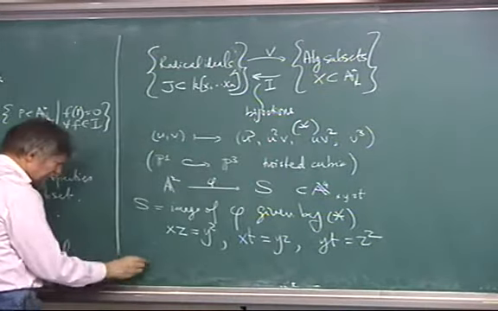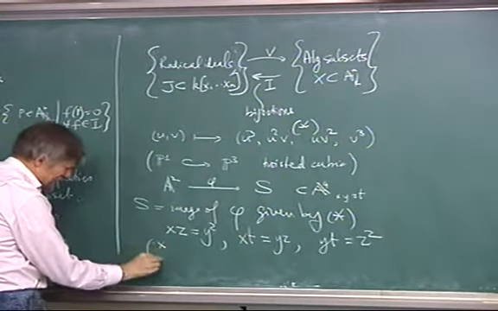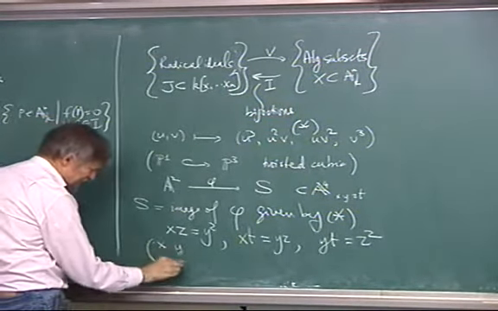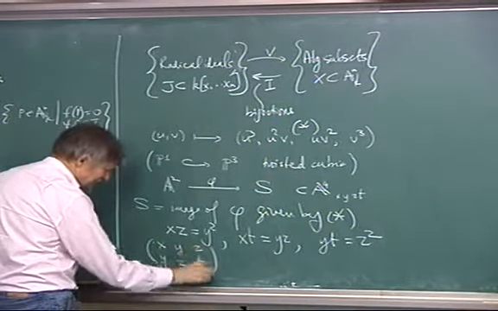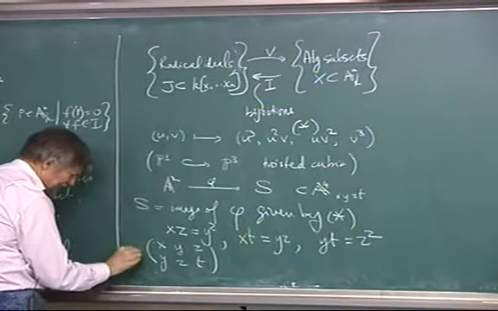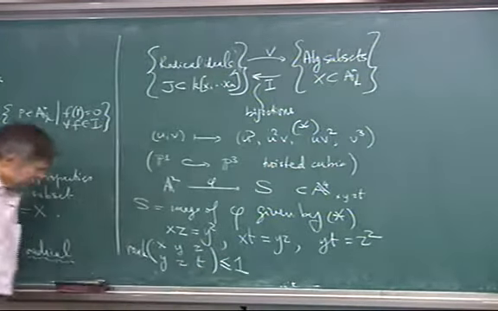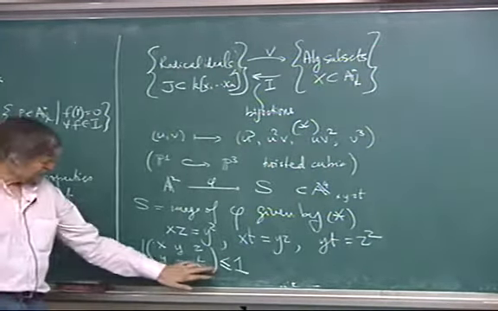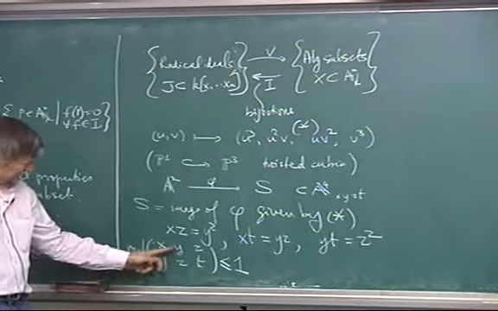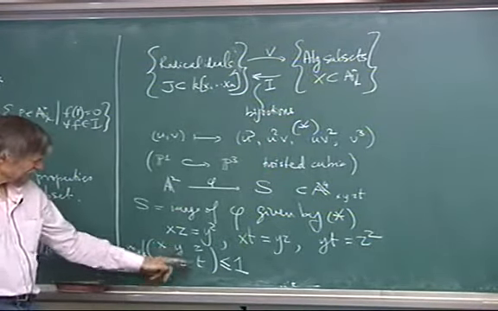Or equivalently, we can write these as the matrix with rows x, y, y, z and y, z, z, t, and say the rank of this matrix is less than or equal to 1. Saying rank less than or equal to 1 means exactly that all the 2 by 2 minors vanish.